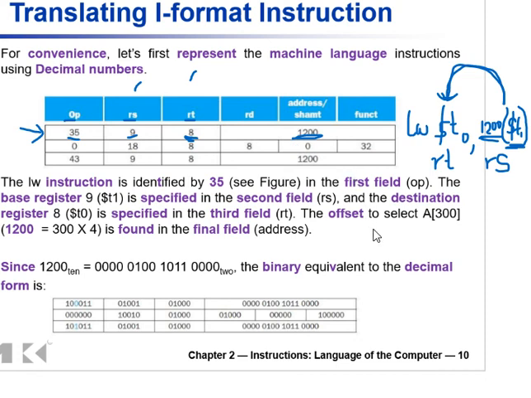So this is about the load word. The binary equivalent of the load word is written here. When you convert 35, you get 100011. When you convert 9, you get 01001.